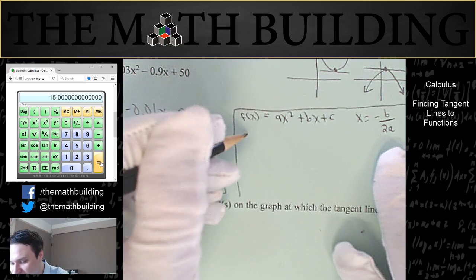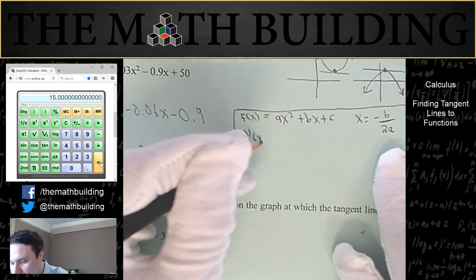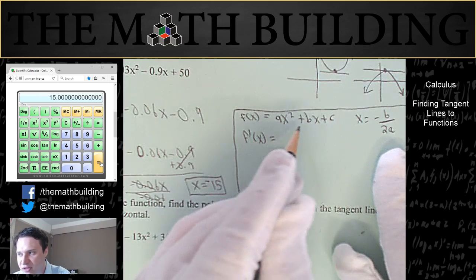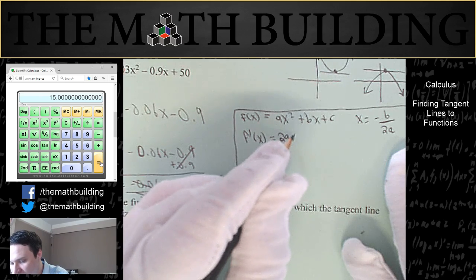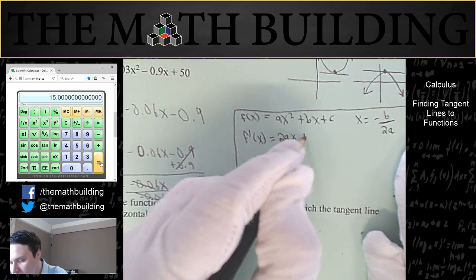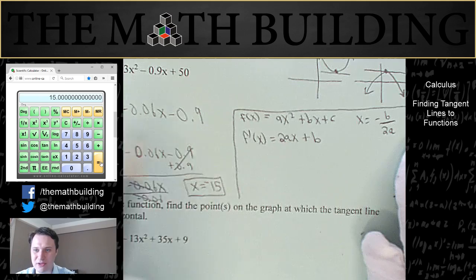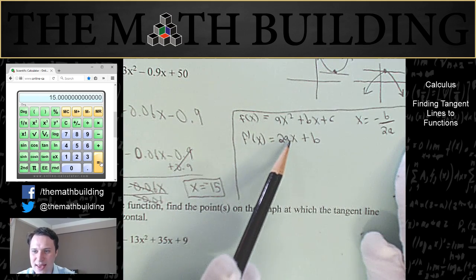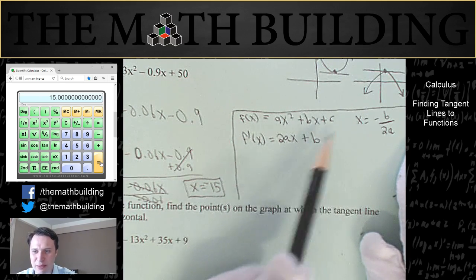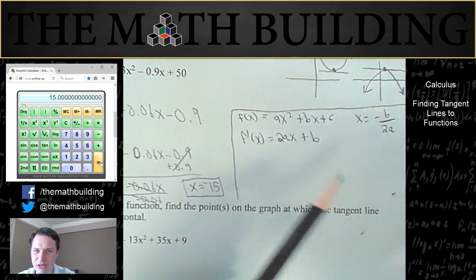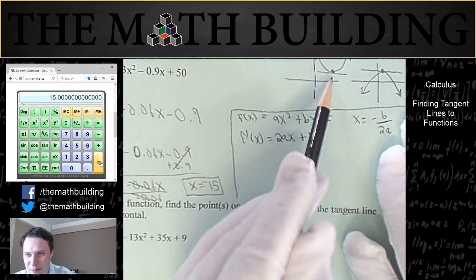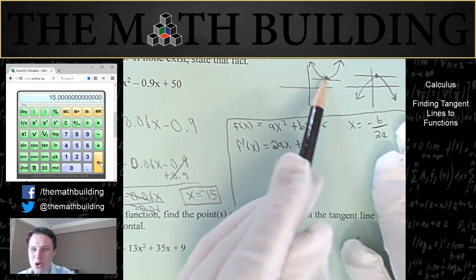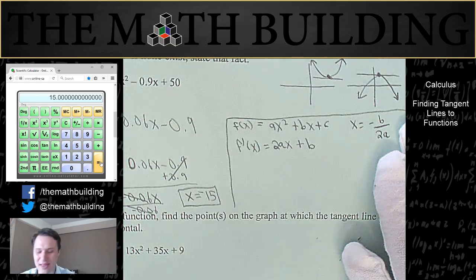Because if we take the derivative of this function, we see that it is going to be 2ax plus b. So the derivative of ax squared is 2ax, the derivative of bx is b, and the derivative of c just goes away because it's a constant. And so the vertex of a parabola is going to happen when we have a horizontal tangent line.